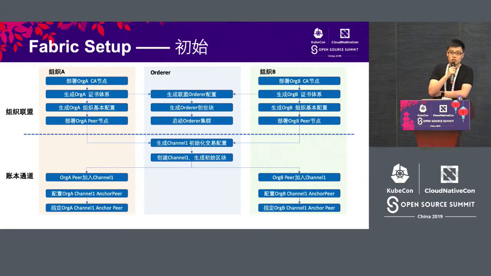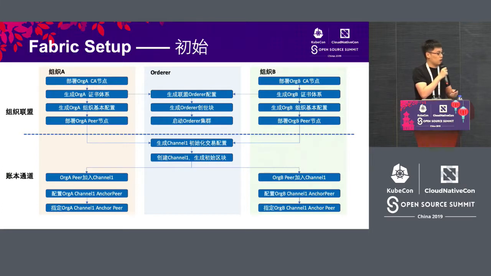It also has its admin, which collects MSP credentials of different organizations, and it will create an orderer configuration, and the orderer generates a block, and then organization A and organization B will also generate the peer nodes, and when these nodes are initiated, this consortium will be established. Actually, it is linking the MSP of organization A and organization B.